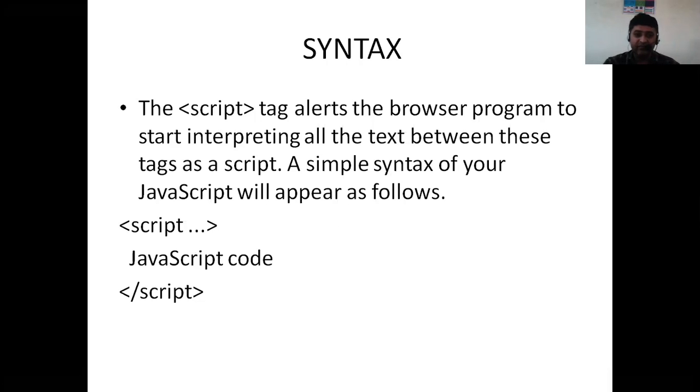Look at this slide. Script: in that script, we embed the scripting code here and close the script. So this is the syntax, meaning that we put the script statements inside the script tag. Remember this.